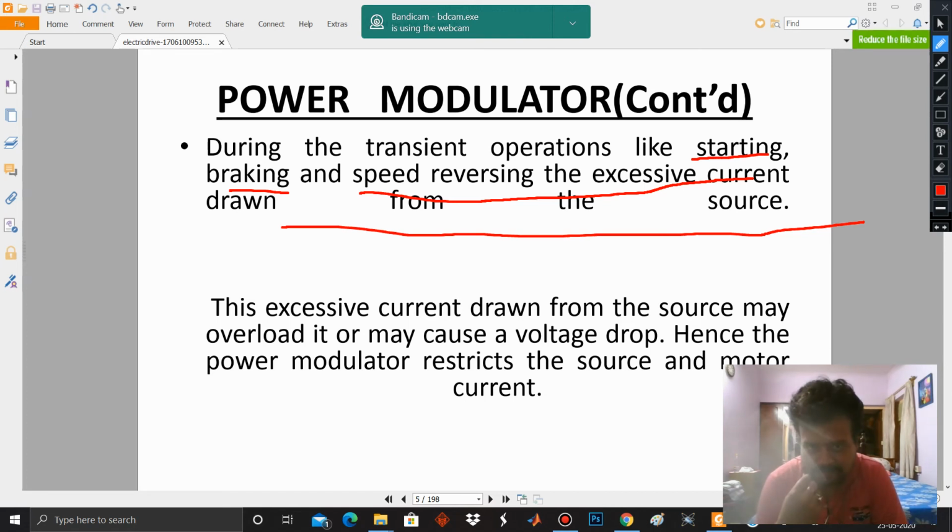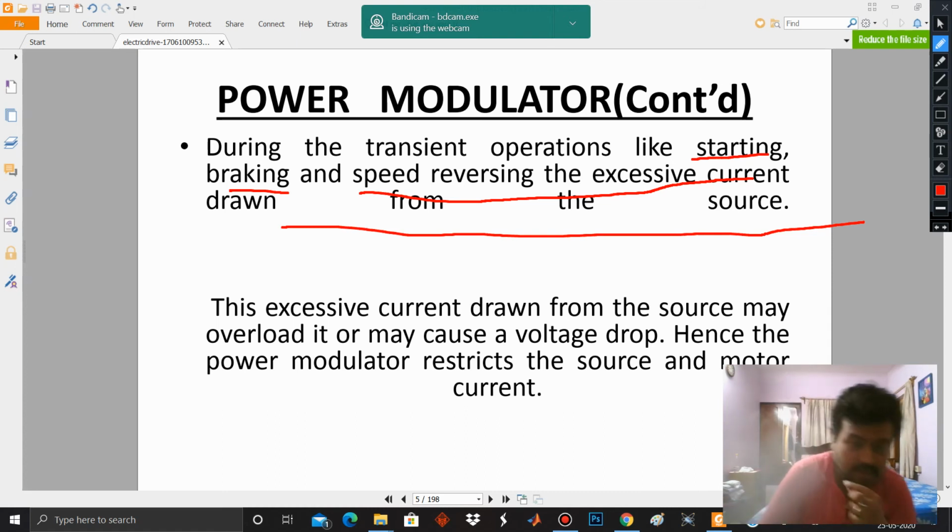That means it persists for a very short period of time. So the starting, braking, reversal of speed, during this process it persists for a very short period of time. And during this very short time period, excessive current is drawn from the source.